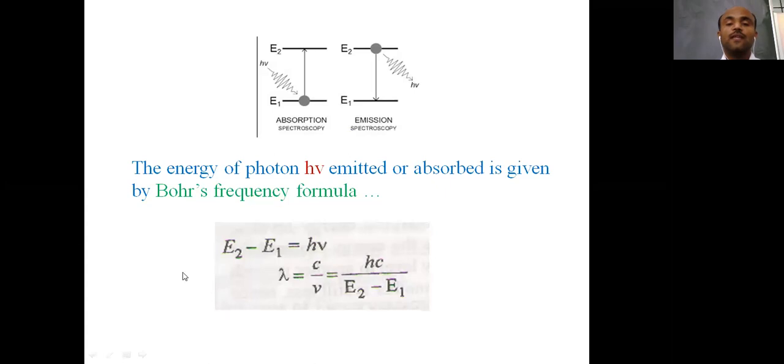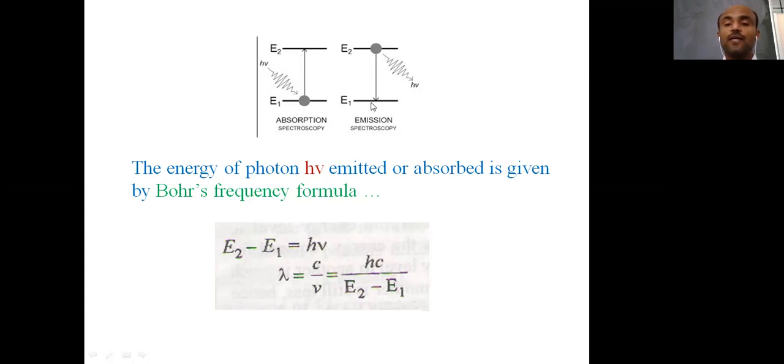It is shown with the help of a diagram. See here, first is the absorption spectroscopy, in which radiation is absorbed, and from E1 energy level, molecule jumps into E2 energy level. That is called as absorption spectroscopy. Now, in emission spectroscopy, molecule is at higher energy level, that is E2.